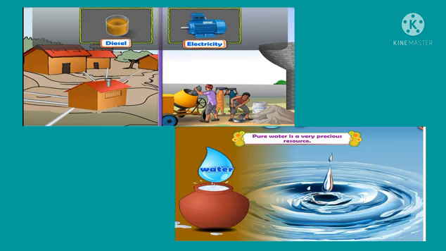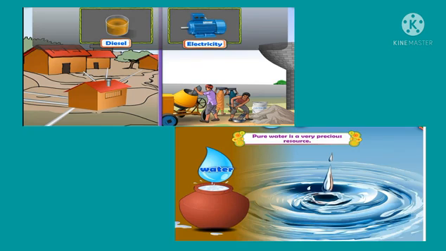Many people are engaged in the work of water purification, storage and distribution. Electricity or diesel are used to run the machines for these purposes, and so a lot of money is spent for this work.